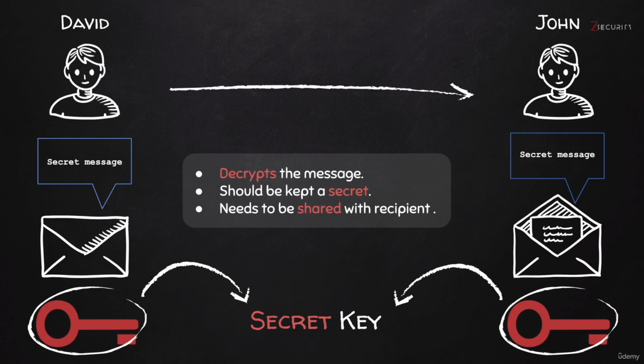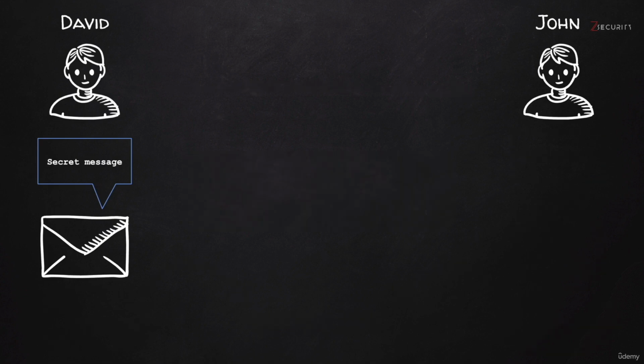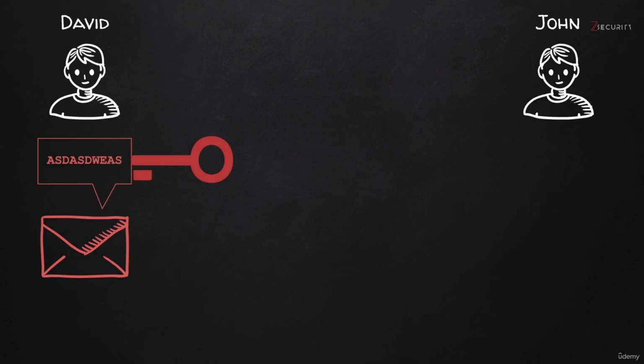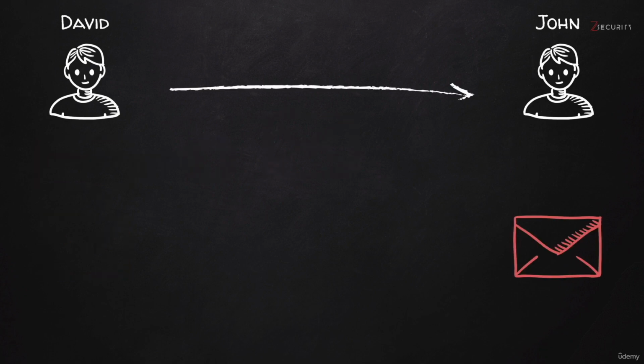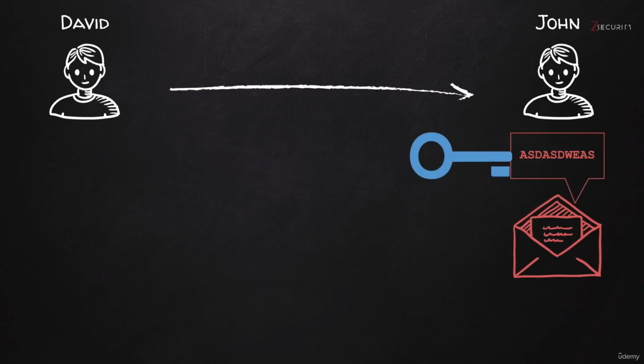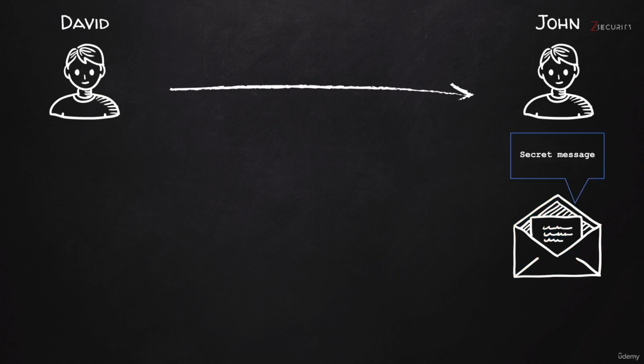And this is where asymmetric or public key encryption comes in. So let's go back to David wanting to send a message to John, and the content of the message is secret message. In asymmetric encryption, one key is used to encrypt the message, the message is sent in the air, and then another key is used to decrypt the message.